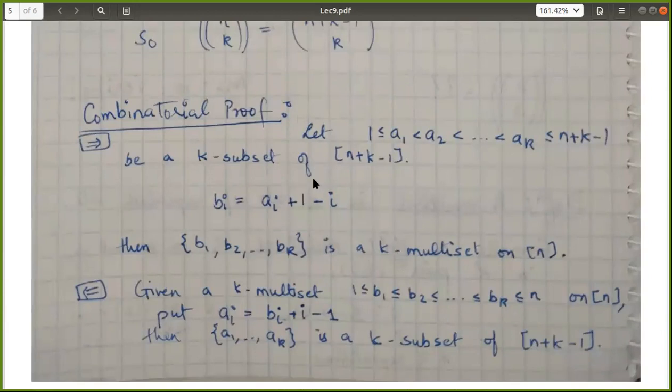And the technique, what we really did, was we started with a strictly increasing sequence of AIs and reduced it to a sequence of BIs which were less than or equal to. So from a strictly increasing sequence, you got a weakly increasing sequence. BIs were weakly increasing, right? Some BJs could be the same. So such a technique is called compression.